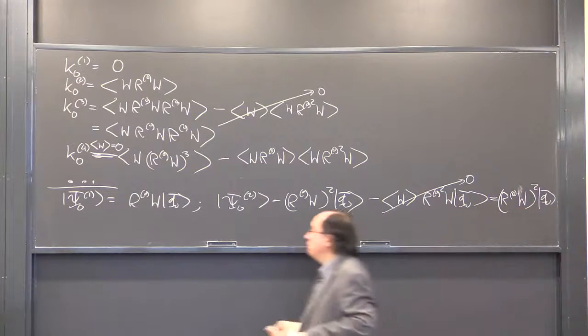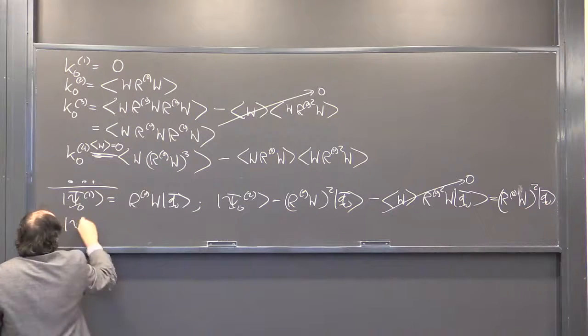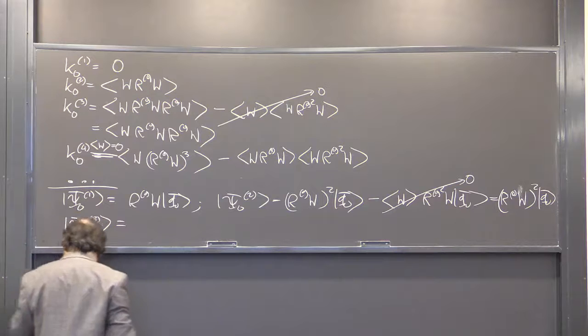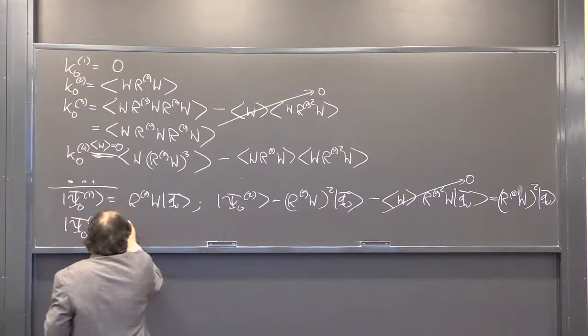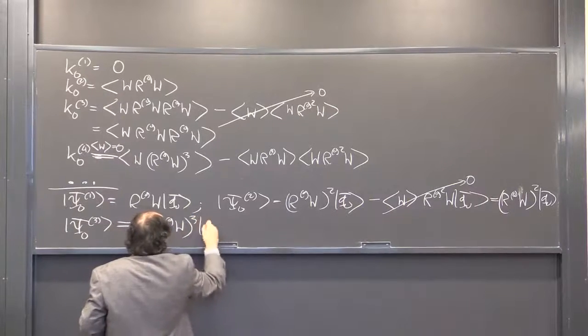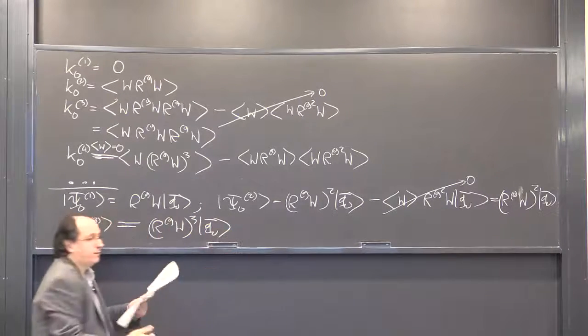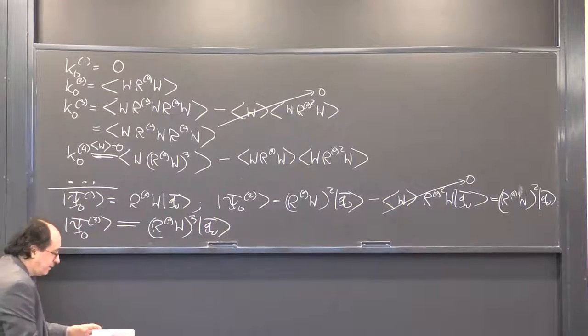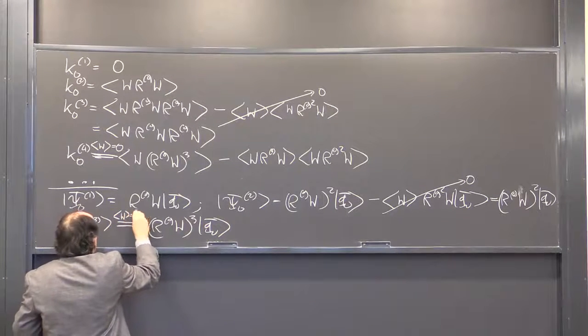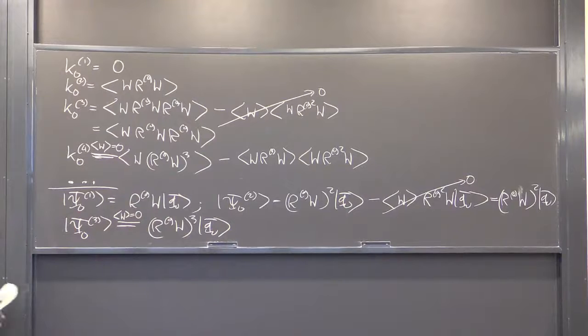So if you want to see renormalization terms in the wave function corrections, you have to go all the way to third order. This will give you R0 W cubed phi 0. Then of course there are lots of renormalization terms that contain the expectation value of W. I'm not going to write them, so again I'll write this expression under the assumption that the expectation value of W is 0.